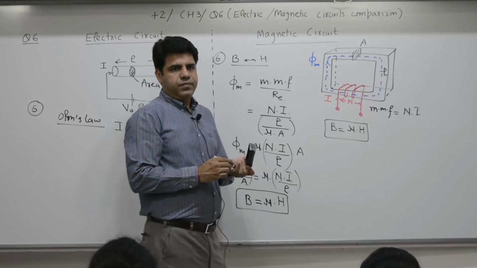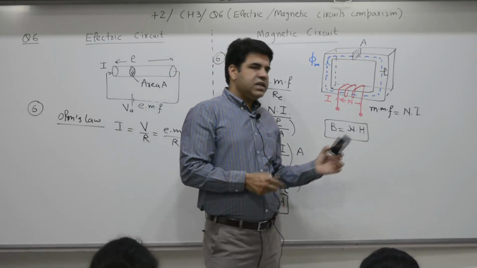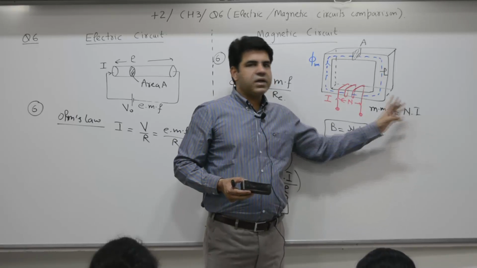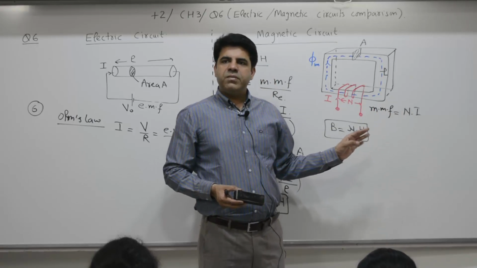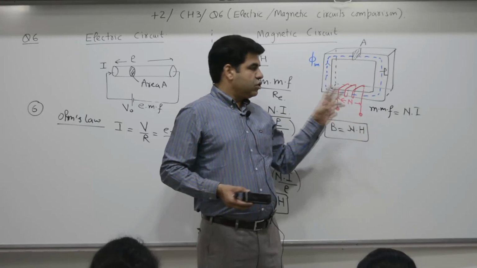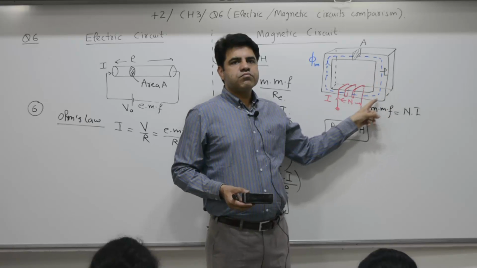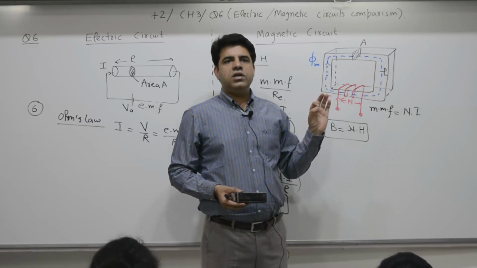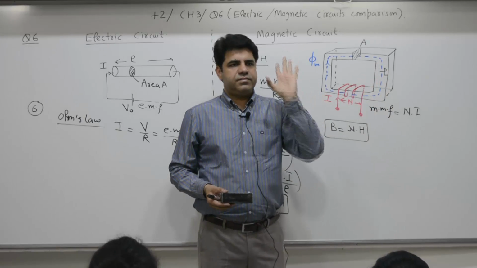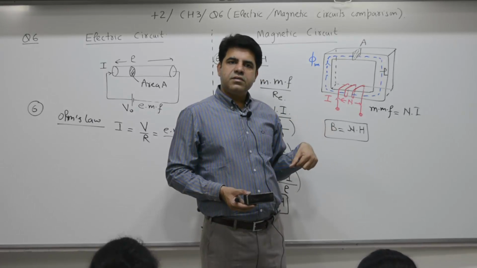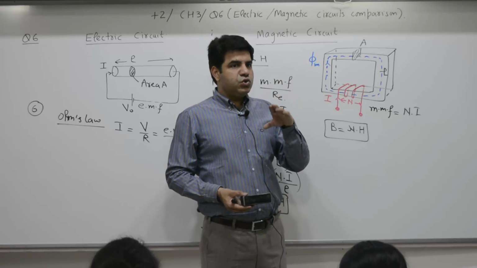Now the use. If you have 10 turns, no need to write this at present, 10 turns, 1 ampere current, MMF is 10. Two options. Option number 1, use wood. For wood, mu R is say 1. So you get a small value of B. Second option, use iron.